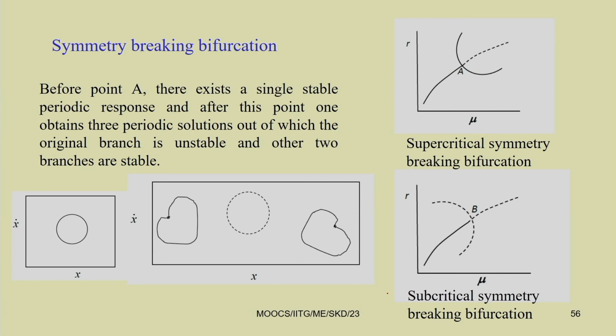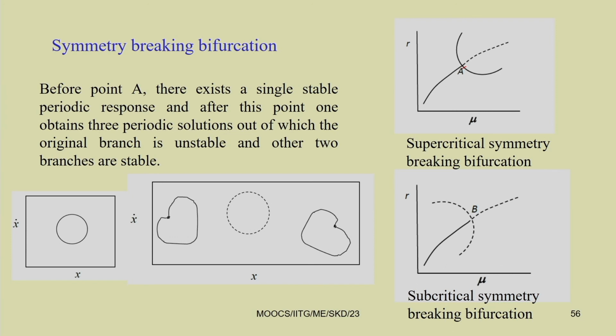Before bifurcation point A, there exists only a single stable periodic response, and after bifurcation we have three periodic solutions, out of which two are stable and one is unstable. The stable periodic solution will continue as an unstable periodic solution, and at point A two more stable periodic solutions will start emanating.